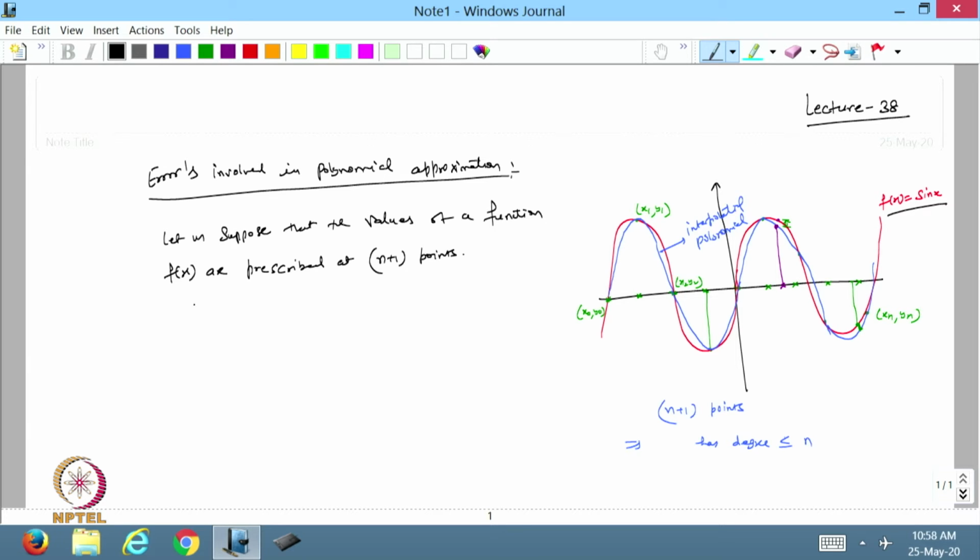So, that is given to me x0, x1, x2, up to xn, and the value of the function at this point is yn. So, basically from here I can say that f at x0 is y0, f at xn is yn. So, this is given to me.